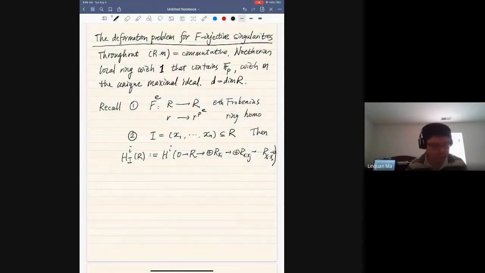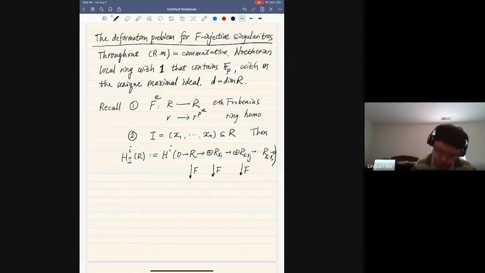Remember we have a Frobenius map on R, and clearly this Frobenius map passes to the localization. So for each of these localizations, you have a Frobenius. Basically, the Frobenius induces a map on the entire Čech complex, so it induces a map on the cohomology of the Čech complex.